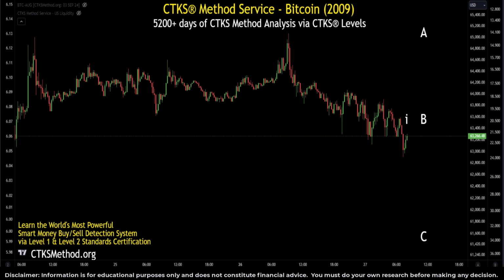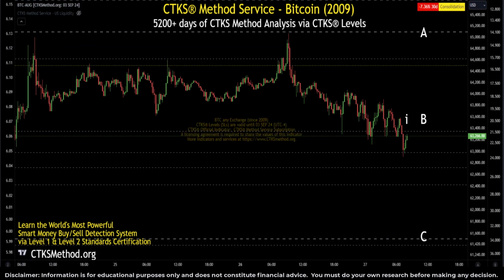But the real case is that you really can't tell what these A levels, B levels, or C levels are without looking at structure. So let's turn the structure on so we can assess what is going on. Just above 65,000, there's a good degree of structural resistance that was tapped in the past trading session. Because we failed there and we failed at that lower 64,600 mark, we move lower to the 63,400 structural support level.